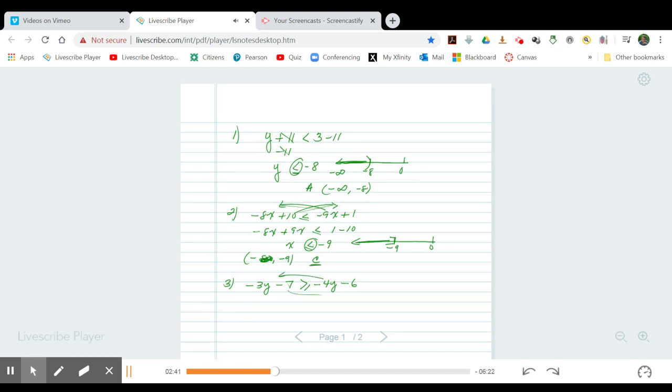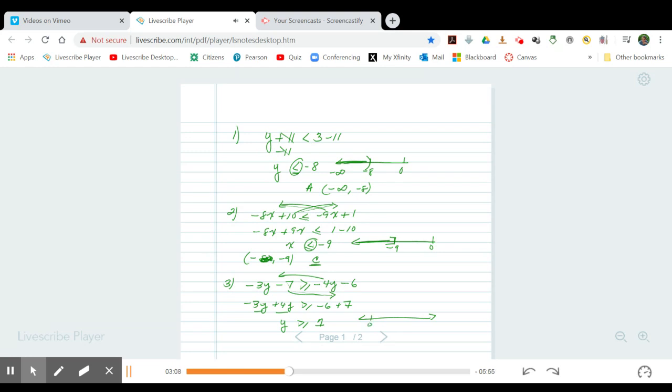I'm going to bring this over as a positive, bring the negative 7 over as a positive. Negative 3y plus 4y greater than or equal to, look at this, negative 6 plus 7. Combining a negative 3y with a positive 4y is just y greater than or equal to positive 1. And looks like we've got letter C for the graph.